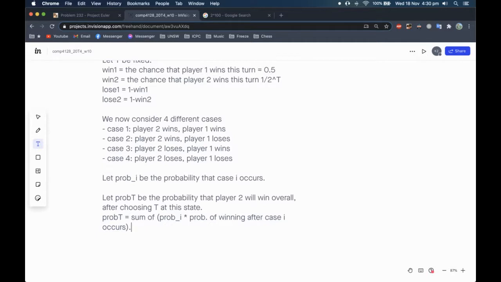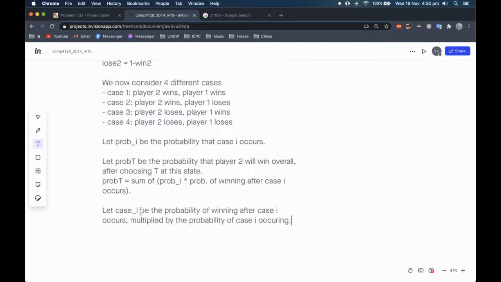And next, what we need to do is find what these cases should be. Luckily, once again, this isn't too difficult. So we define the following: case i is the probability of winning after case i occurs multiplied by the probability of case i occurring.